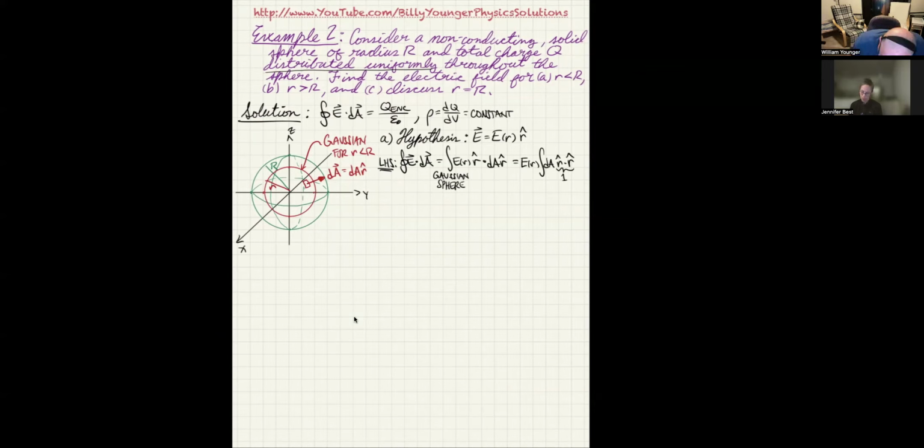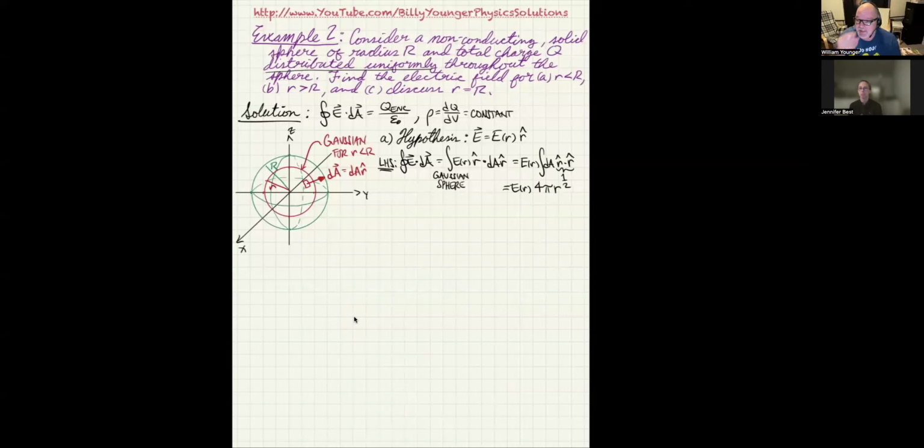So again, in this case, I just get E of r times the integral of dA, and the integral of dA is the surface area of the thing we were integrating. So it's the surface area of the sphere, and the Gaussian sphere has a radius r, so its surface area is 4 pi r squared.